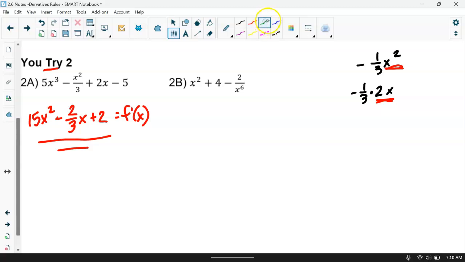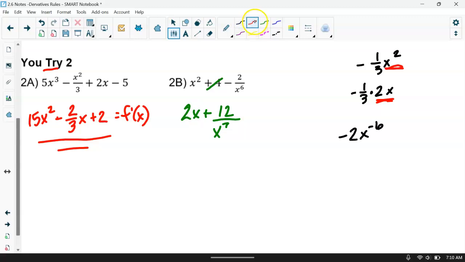Then for 2b, your derivative of this function is 2x, constant is 0, then plus 12 over x to the 7th is what you should have gotten here. Now, again, to show for those who are going, wait, hold on, how did you get this value here, a positive and x to the 7th? So here we go, rewrite it, right? That is negative 2 times x to the negative 6, because x to the 6th is in your denominator.